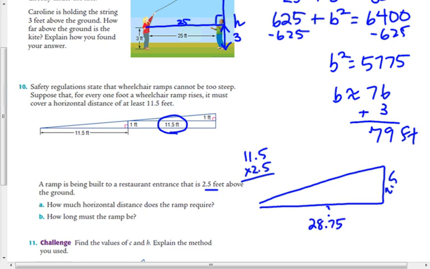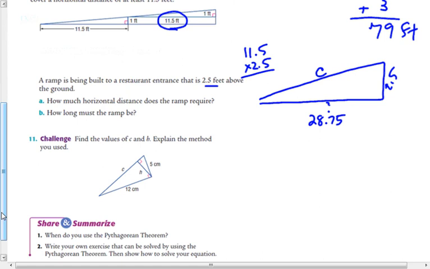And now we want to know how long the ramp must be, and that would be this distance here. Let's call that c. And so we are going to use Pythagorean's theorem now. We know that a squared plus b squared equals c squared. And we have an a and a b.